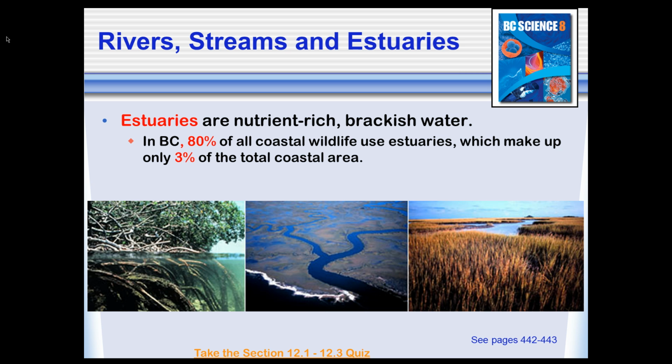In BC, 80% of all coastal wildlife use estuaries, and that's packed into about 3% of the total coastal area. So these areas are vital for wildlife, and as such, we should be careful with developing these areas or filling in these areas or getting rid of these wetland areas.